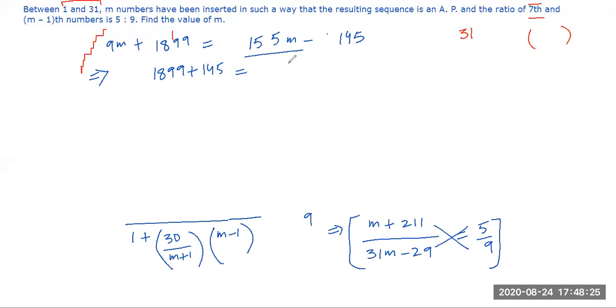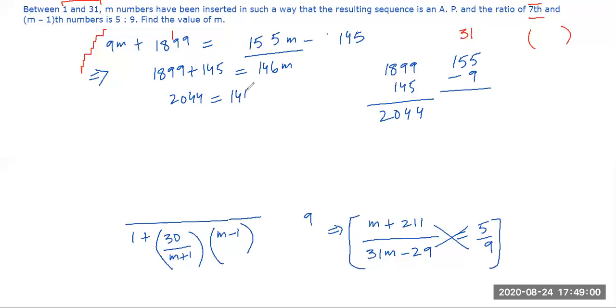How much will that be? 155 minus 9, students, tell me. 155 minus 9, how much? 146. 146m is equal to 1899 plus 145. Please add them. 2044. So this is 2044 is equal to 146m.